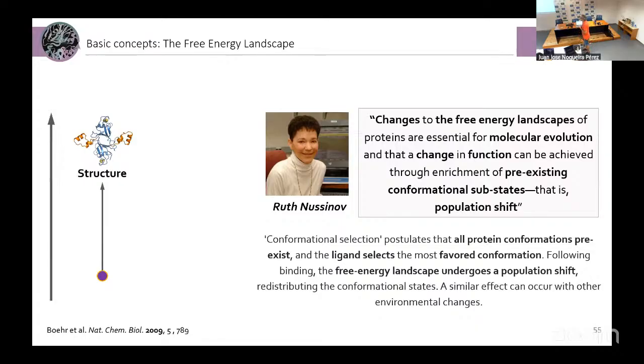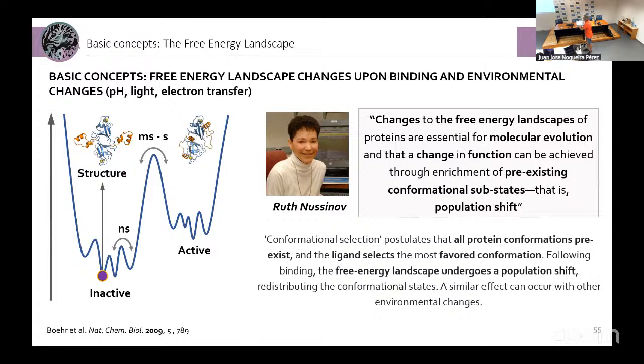This is what we call the population shift. It means that we have some pre-existing conformations of the proteins represented in this free energy landscape. And if we populate more one of these originally less populated states, we can move from an inactive conformation to an active one.